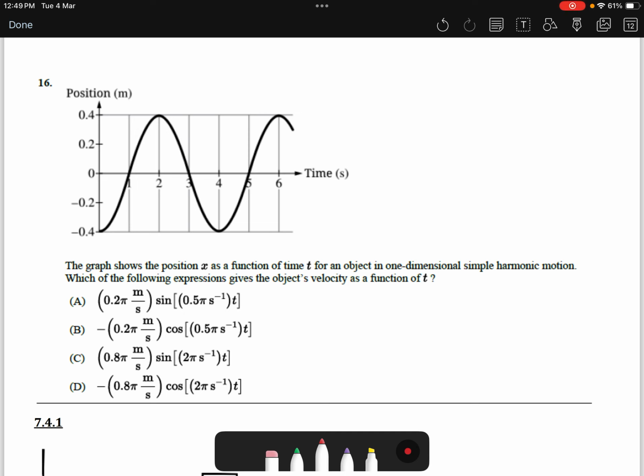Next question, number 16. The graph shows the position x as function of time t for an object in one-dimensional simple harmonic motion. Which of the following expressions gives the object's velocity as function of time?